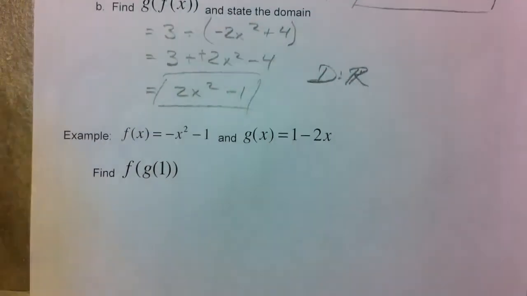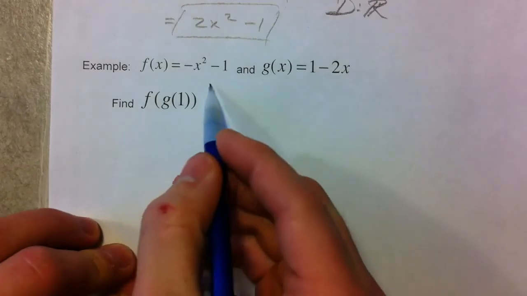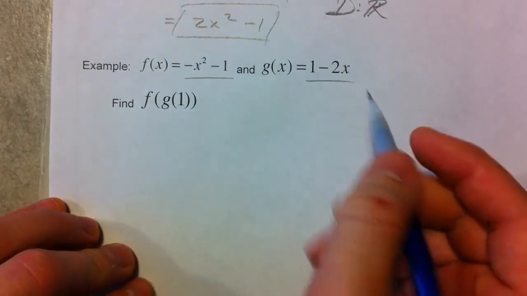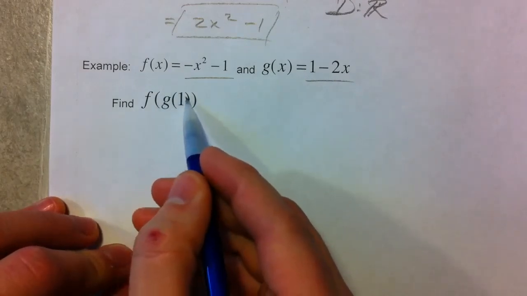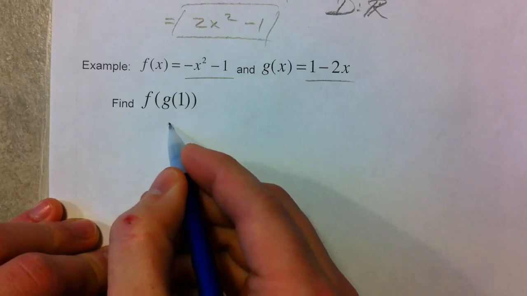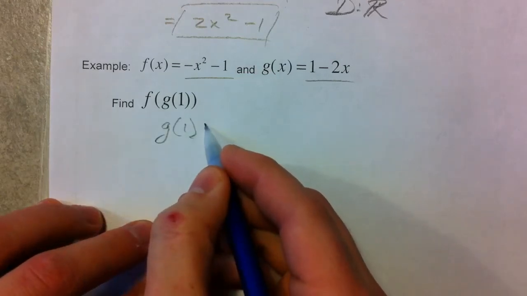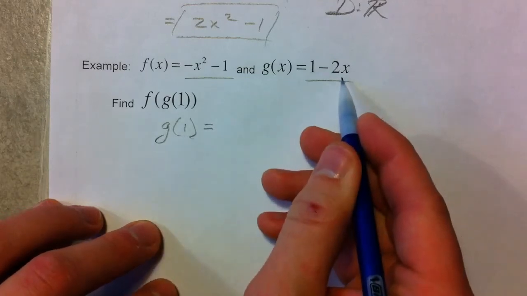This next one is composition of functions, but with a number. And so we have a new f of x, and we have a new g of x. And so what we're going to do first is work inside out. g of 1 is on the inside, so we're going to find g of 1 just like we did in the last lesson. g of 1 is when you take 1 and plug it in for every x in g.